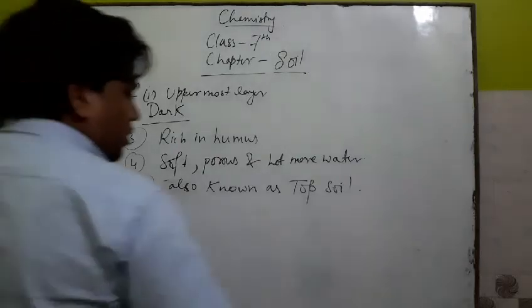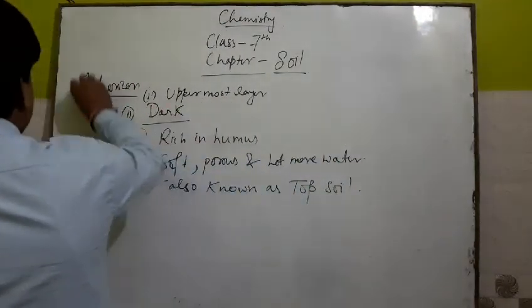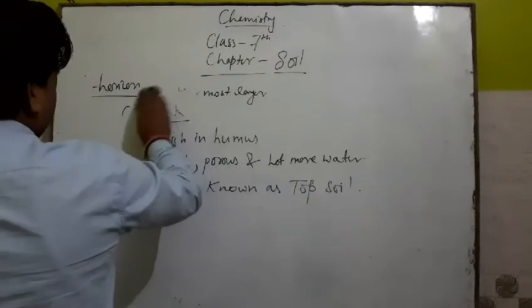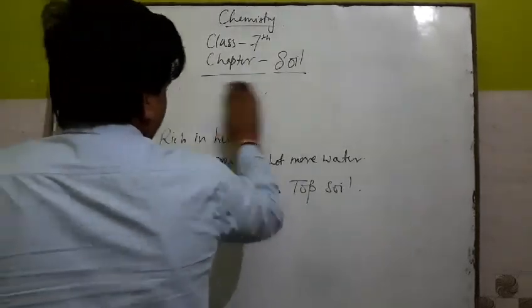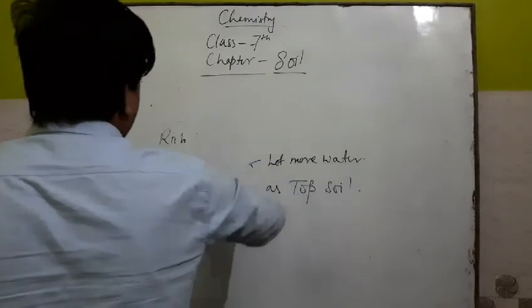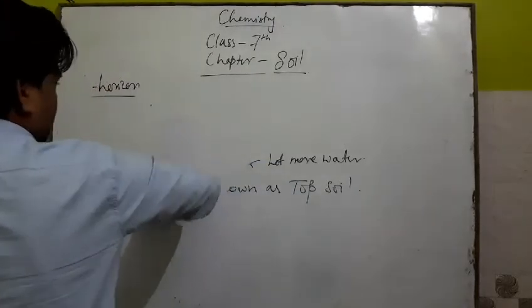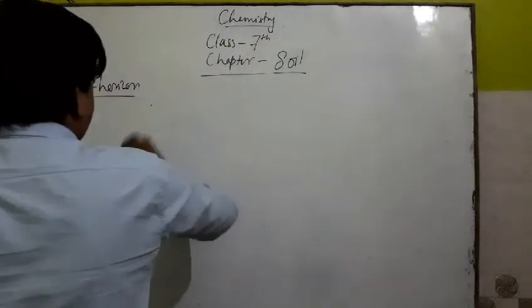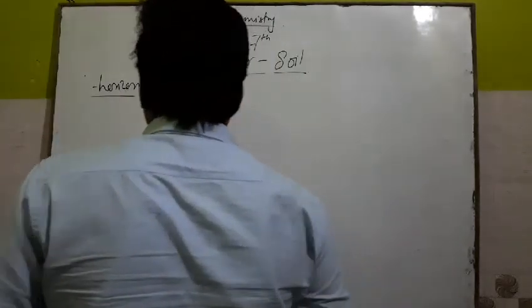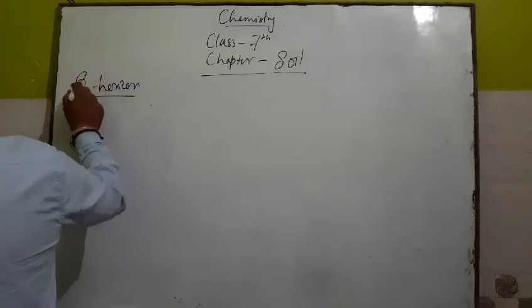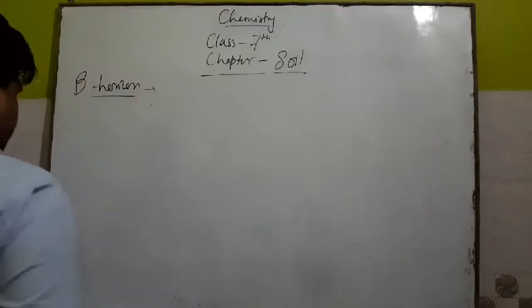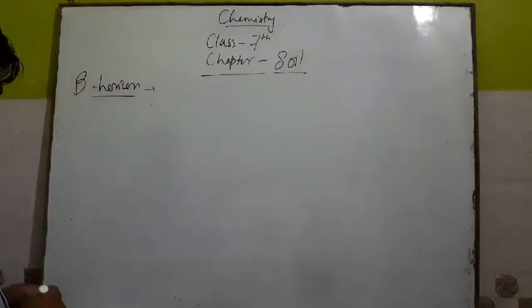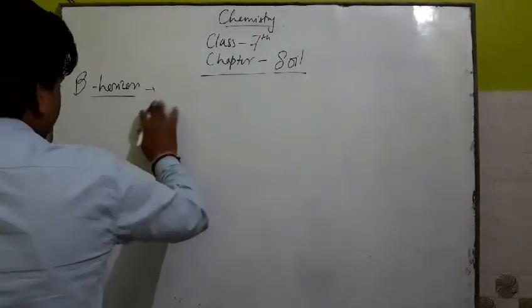Okay. Now we discuss B horizon. B horizon is the layer just under the topsoil. This is the second layer after A horizon.